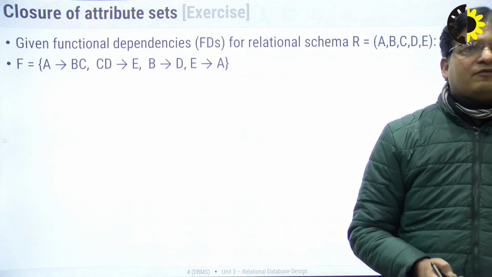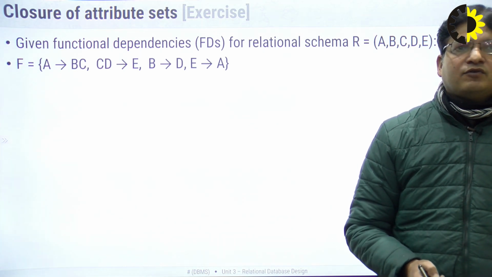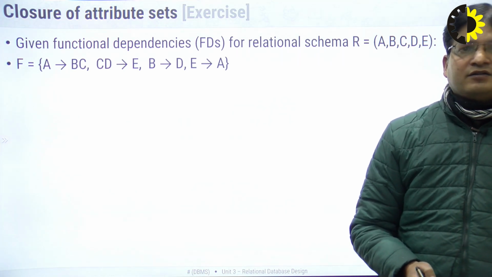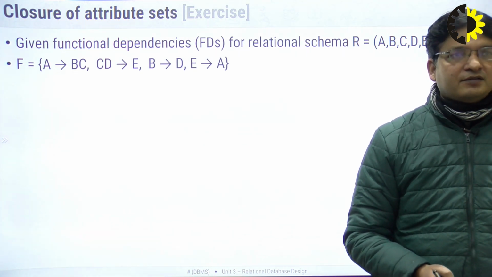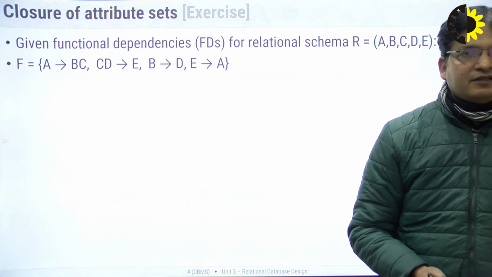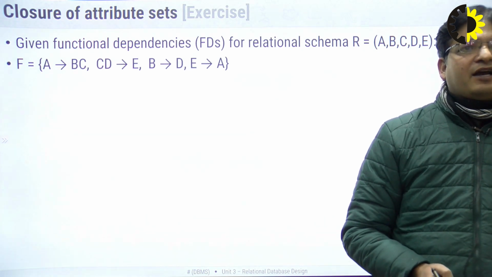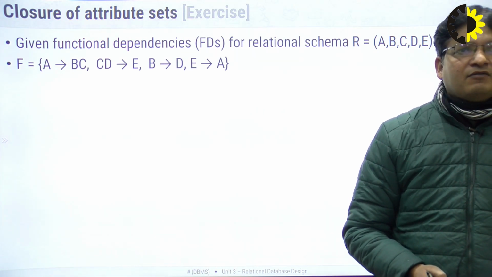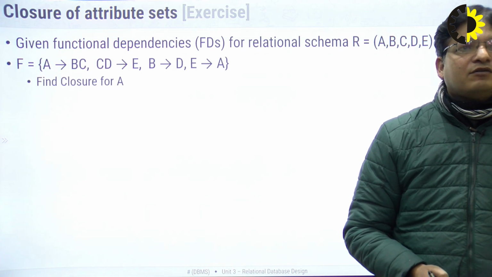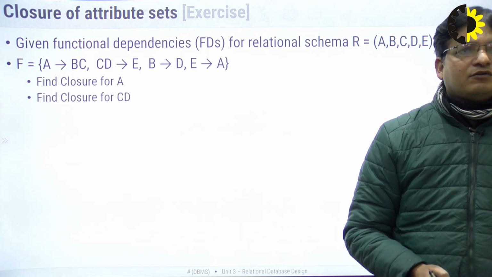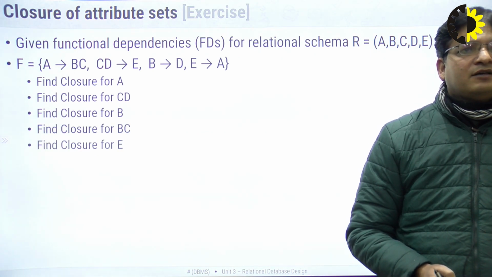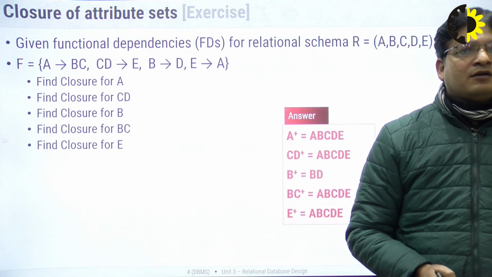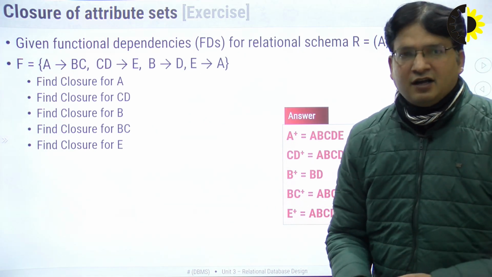Now, given a set of FDs for relation schema R, where R is A, B, C, D, E: A determines B, C, D determines E, B determines D, and E determines A. We have to find the closure of A, CD, B, BC, and E. Let us see how to find them.